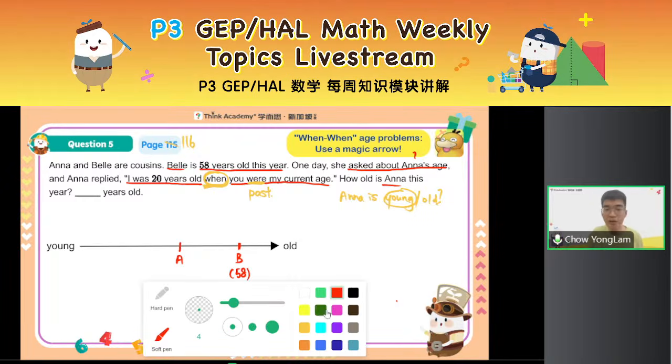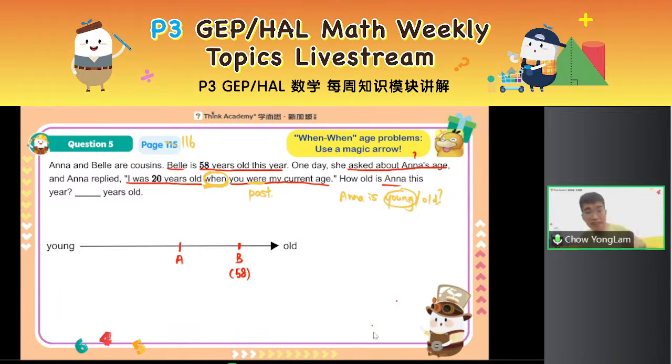Now, how do we show time traveling? I was 20 years old when you were my current age. So originally, this year, Belle is 58 years old. Now we want to make Belle's age into Anna's current age. This is Anna's current age. When Belle was Anna's current age, what I do is travel back in time.